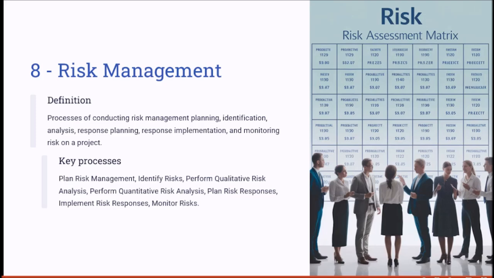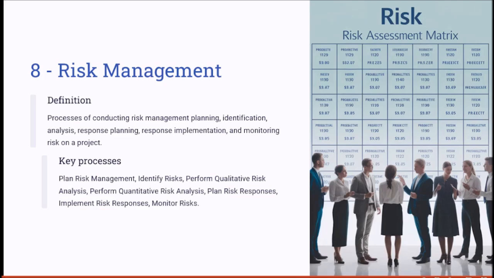The next key process in project risk management is plan risk responses, when you develop the options and actions to enhance opportunities and to reduce threats to project objectives. Also, we have implementing the risk responses, when you implement the agreed upon risk response plan that you identified when you were identifying these risks.